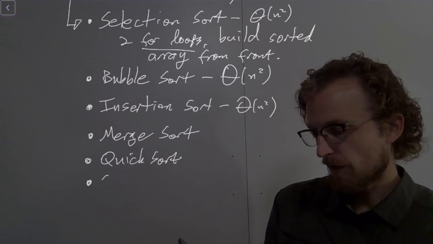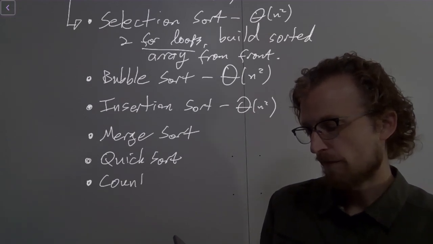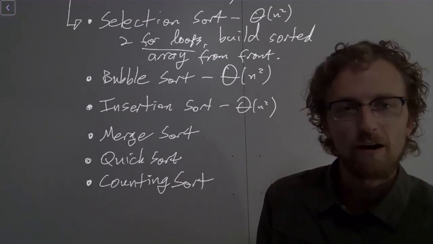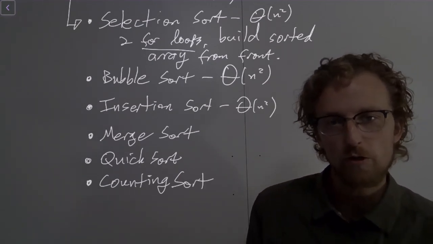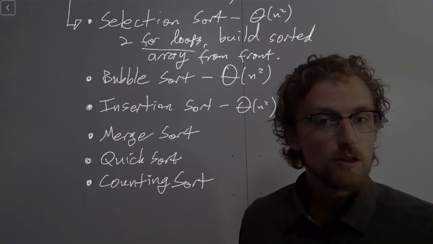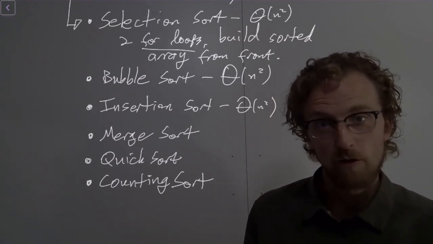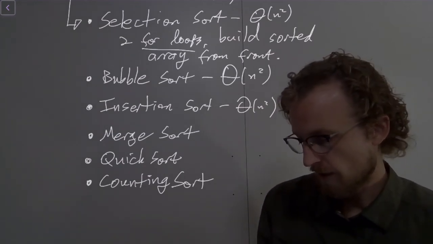We'll talk about something called counting sort. Counting sort is a special sorting algorithm that requires a little bit of structure on its inputs. But by using the structure on its inputs in a clever way, counting sort can be a very fast algorithm, much faster than the other ones we see here.